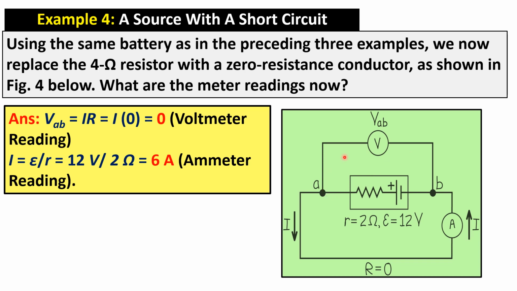There's no way for the current to move through the voltmeter. So it's like the charges are blocked by the voltmeter. So all the current generated by the battery will be moving only through this path, which is measured by the ammeter. So that's how we look at this circuit diagram, the situation.